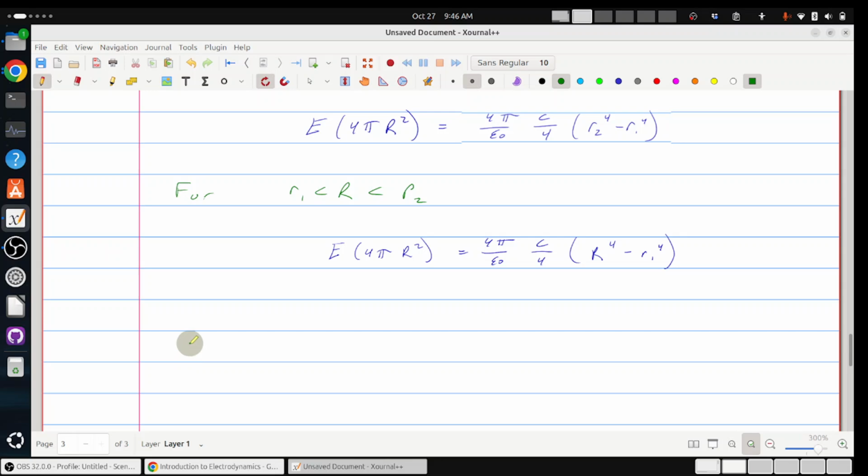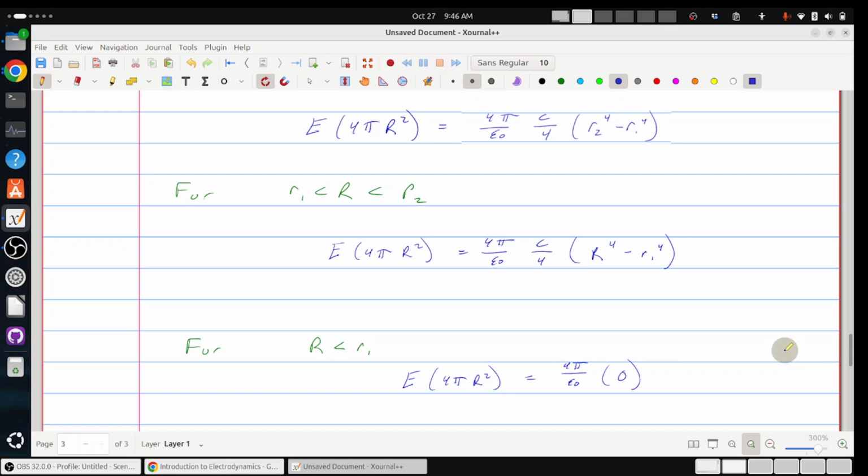And lastly, for r less than r1, I would have E 4 pi r squared equals 4 pi epsilon naught 0.